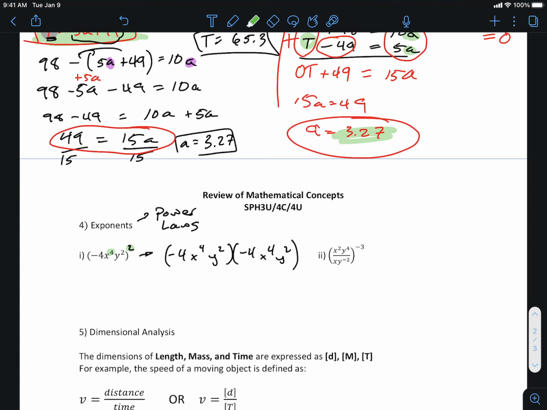That's the faster way to do it, right? On this negative 4, just as a side note, there's a little exponent 1. So your next line here would be negative 4, 1 times 2 is going to be squared. X, 4 times 2 is 8. Y, 4.